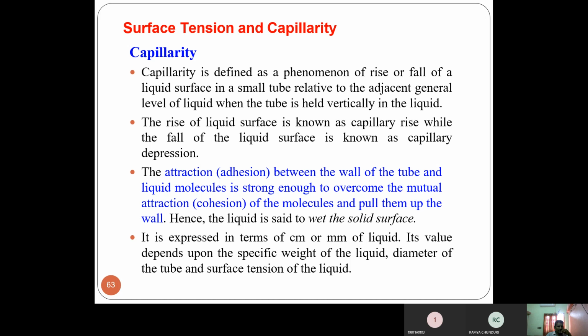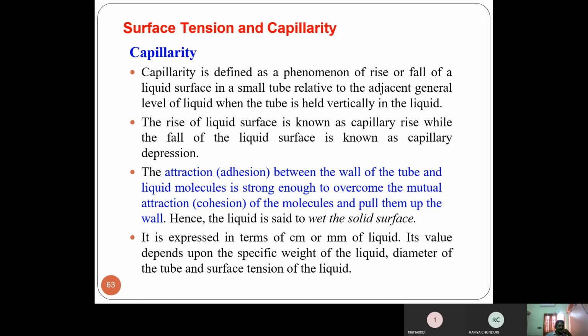The attraction due to the adhesion force between the wall of the tube and the liquid molecules is strong enough to overcome the mutual attraction, meaning attraction between the molecules of the same liquid, and pull them up the wall. Because of this, the water level moves upward or downward. Hence the liquid is said to wet the solid surface.